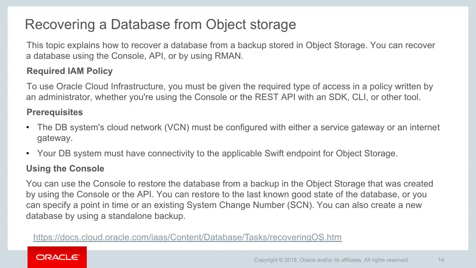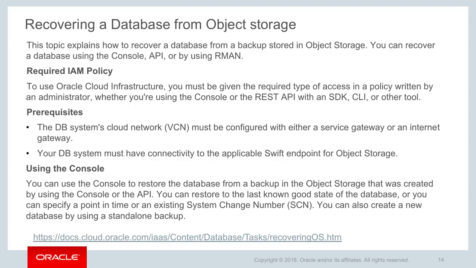You will need the appropriate Identity and Access Management policy, and this will allow you to use the console or the REST API within an SDK or CLI to perform these backup operations. From a prerequisites standpoint, your database system's cloud network must be configured with either a service gateway or an internet gateway, and your database system must have connectivity to the applicable Swift endpoint for object storage.